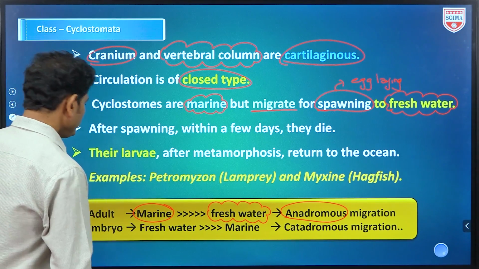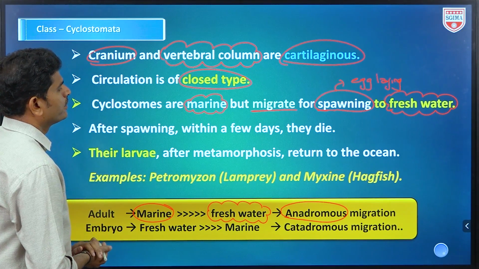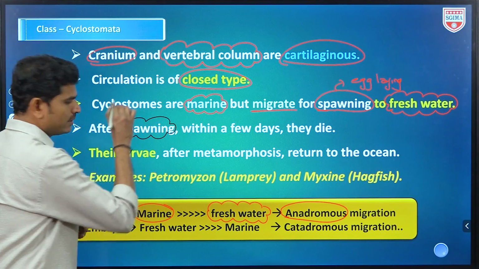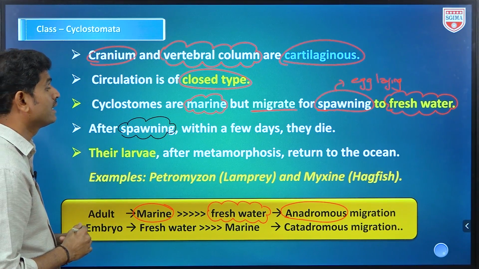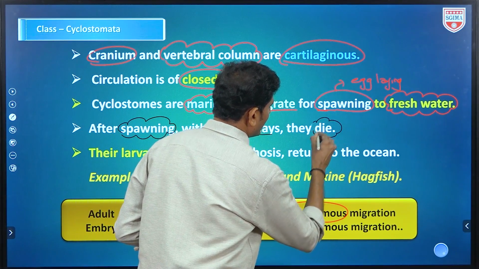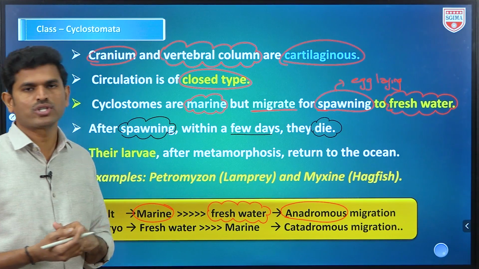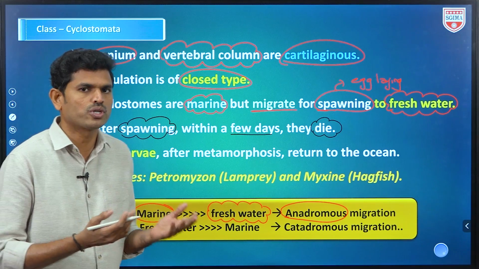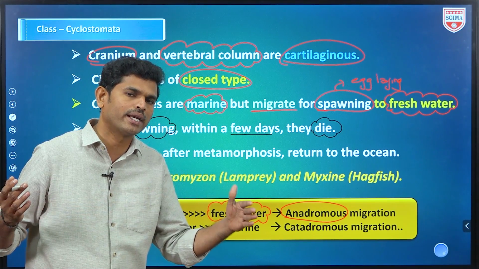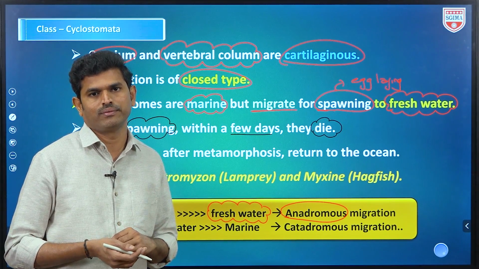Now another thing: after spawning, after egg laying, what do these organisms do? Within a few days only they die. Why do they die? The reason is not mentioned here. Generally there should be some reason, why they migrate hundreds of thousands of kilometers and die, even after reproduction, before seeing their babies.